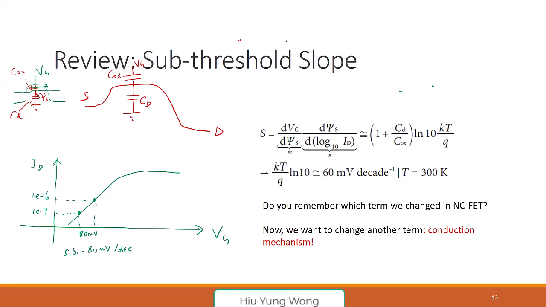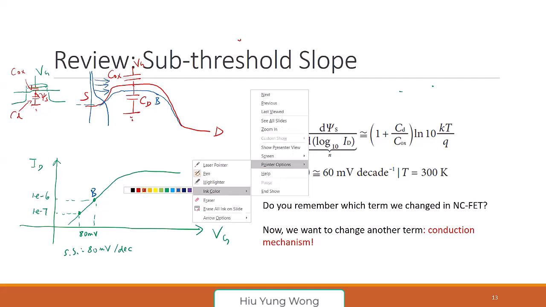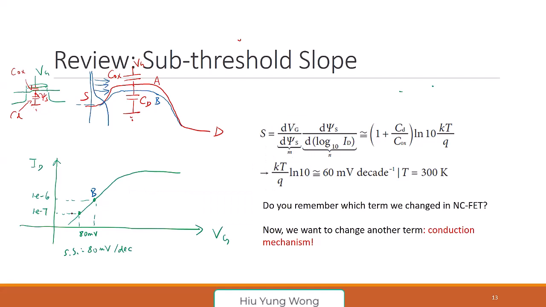If you are able to move, for example, by increasing the gate voltage by this, because of the Fermi-Dirac distribution, you get more electrons through it, right? So this might be B point, and this might be the A point.